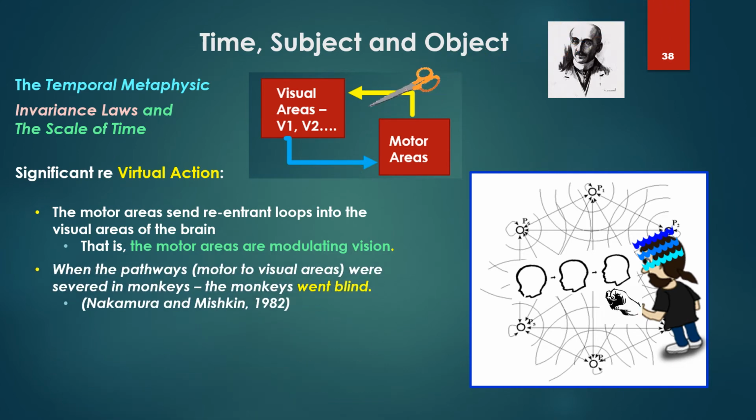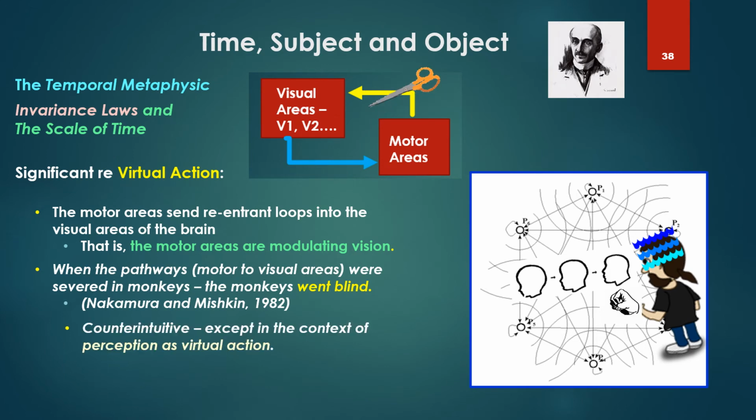In fact, when the pathways from the motor areas to the visual areas were severed in monkeys by Nakamura and Mishkin, a couple different experiments, the monkeys went blind. Now, this is rather counterintuitive. That is, why would sending information to action and having that pathway cut destroy vision? Well, it's counterintuitive except in the context of perception as virtual action.